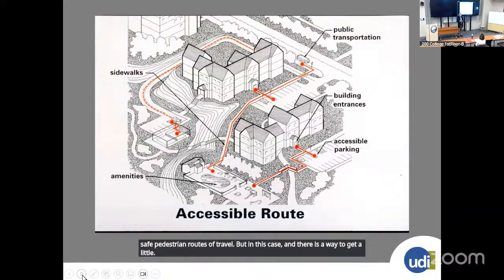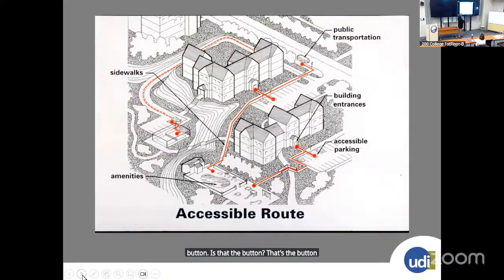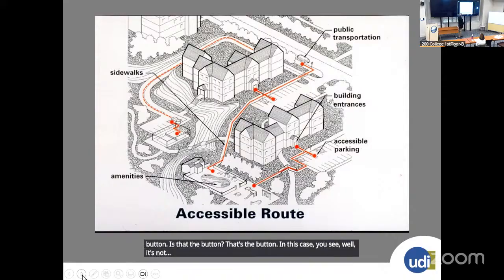Is that the button? That's the button. In this case, you see, well, it's not, let's see. That's not right. Anyway, you can see down here, there's a tennis court, it looks like, and because it's below in a steep grade, they couldn't manage a pedestrian route of travel, so it's okay to have vehicular routes of travel to places like that.